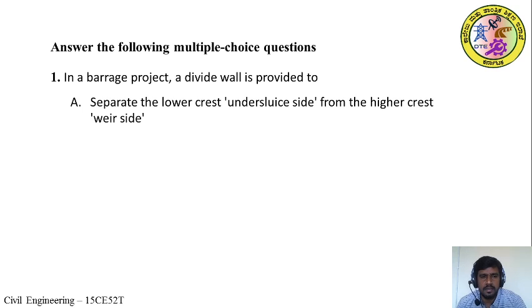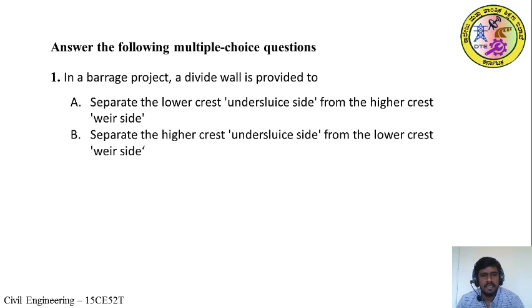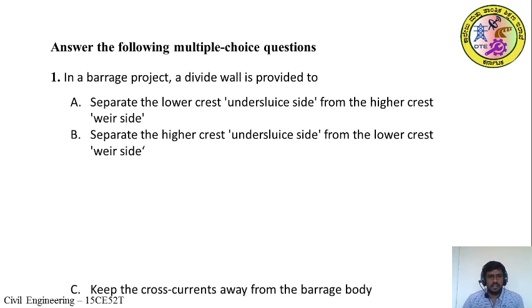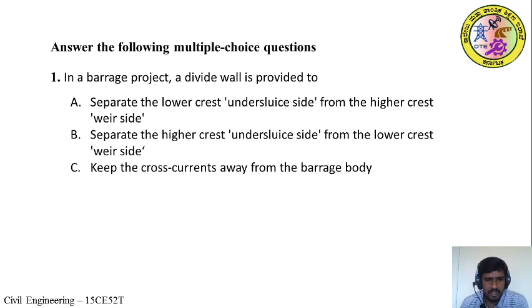Next, see option 2. It separates the higher crust undersluice side from the lower crust weir side. The third option is it keeps the cross currents away from the barrage body.